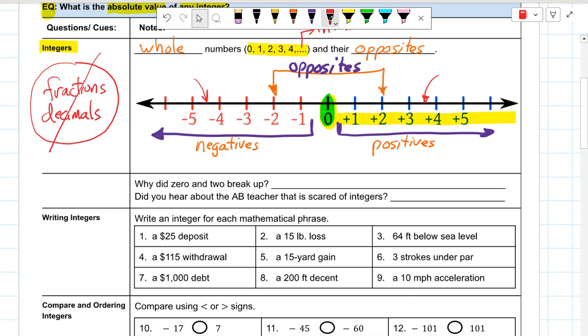Now for the tough questions. Why did 0 and 2 break up? 1 came between them. Are you laughing? Next one. Did you hear about the AB teacher that is scared of integers? Namely, he is scared about the negative integers.